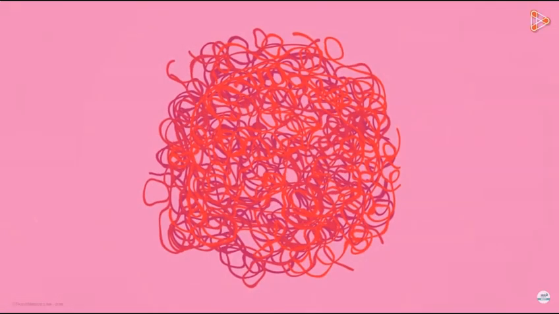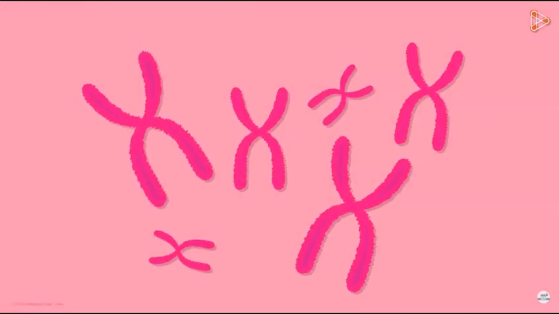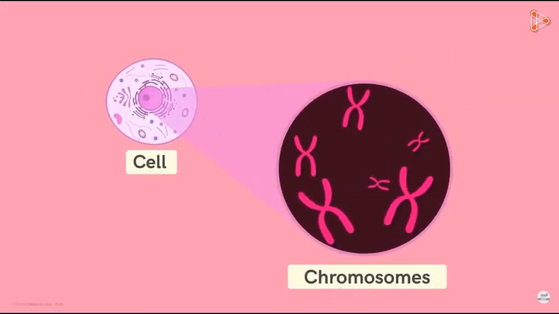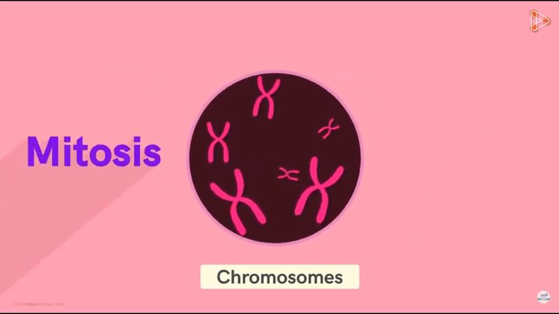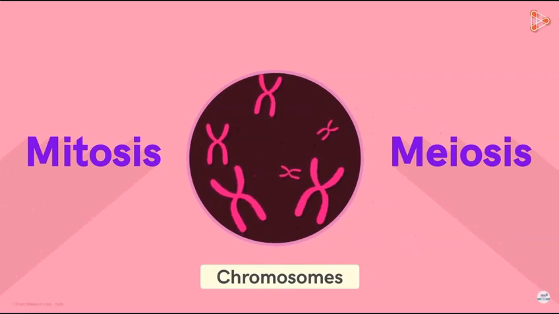Scientists were now able to identify and spot chromosomes inside the nucleus. We now know what chromosomes are and how they look, but it wasn't known back then. So the newly found structures inside the cell grabbed a lot of attention. Also, by this time, due to the understanding of the chromosomal structures, processes like mitosis and meiosis were well understood.